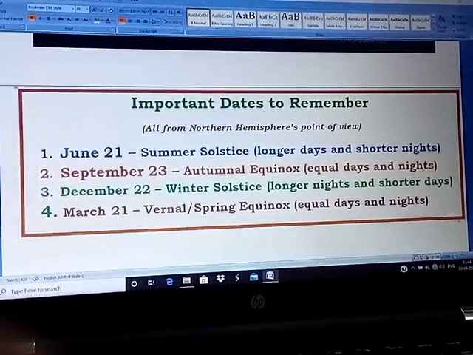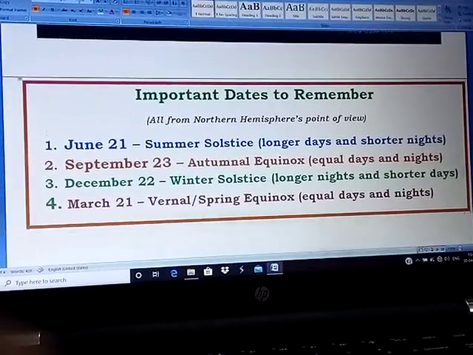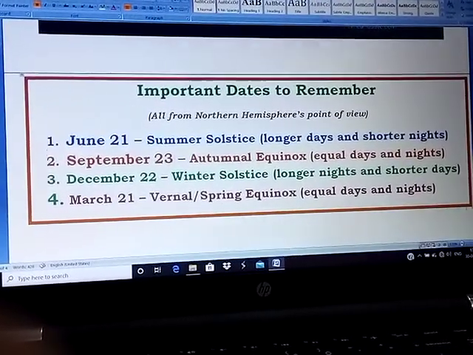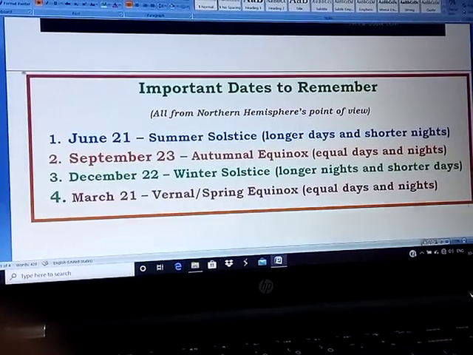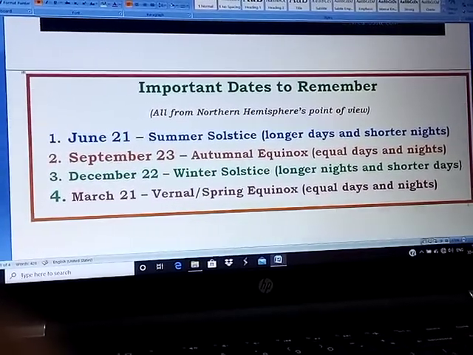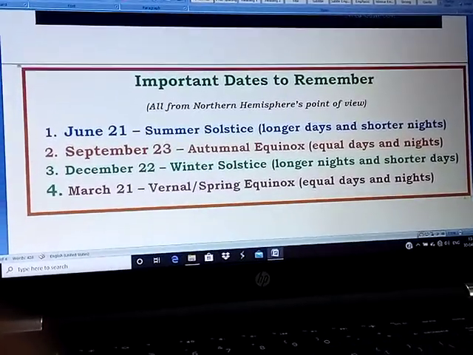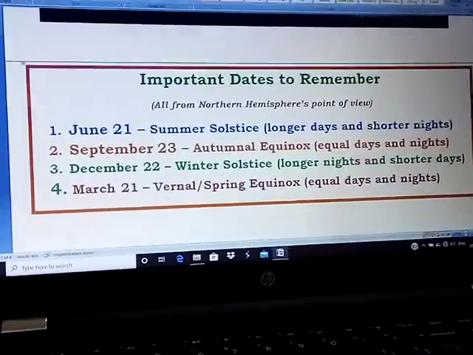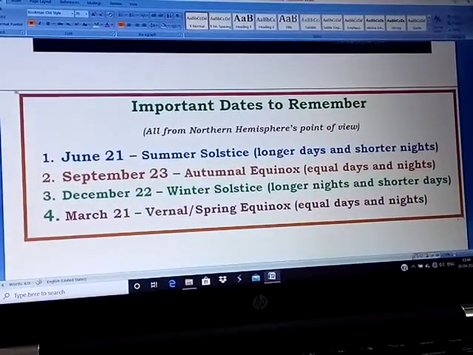How exactly it happens, we'll discuss when we cover the summer solstice and its characteristics, including how the duration of the day and night actually occurs. September 23rd is the autumnal equinox, the autumn season, when throughout the earth days and nights are equal.